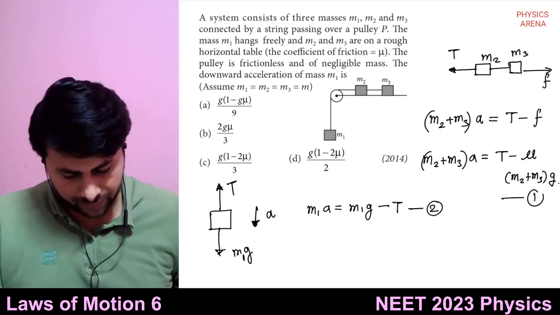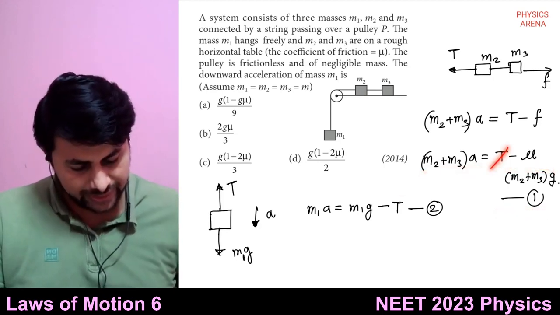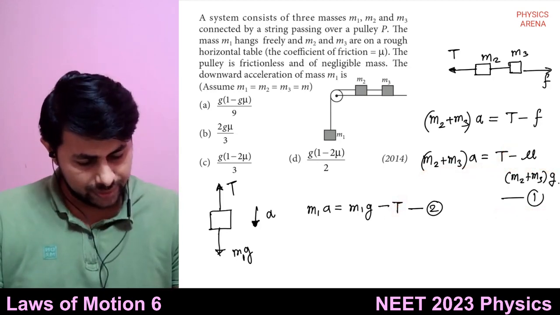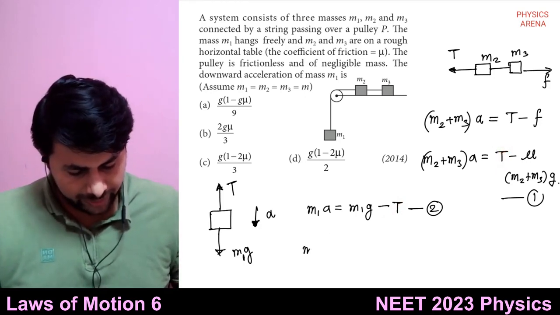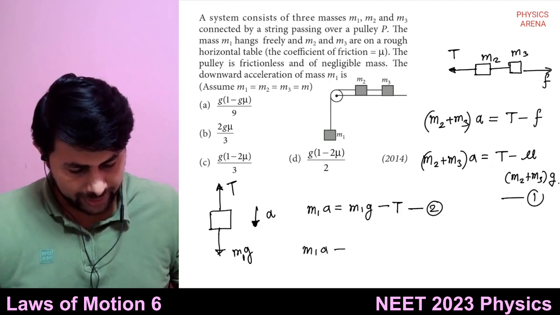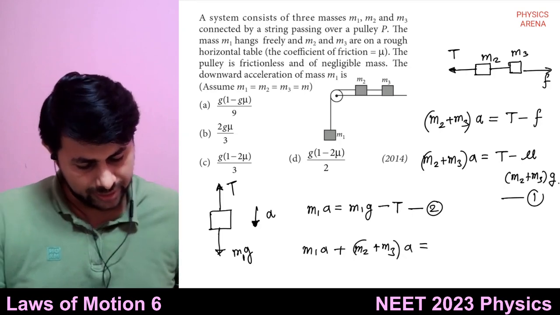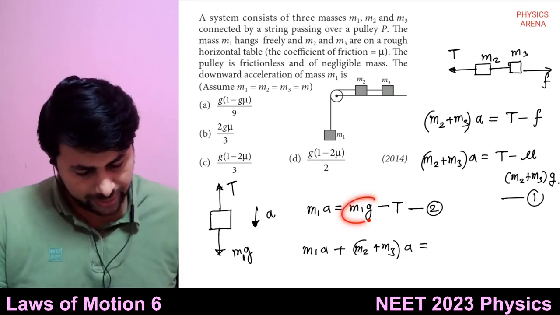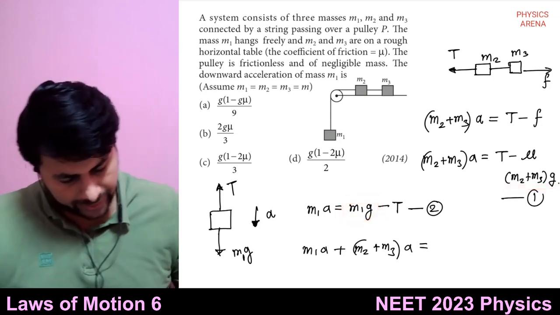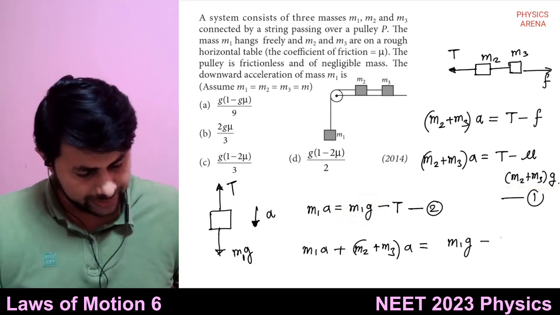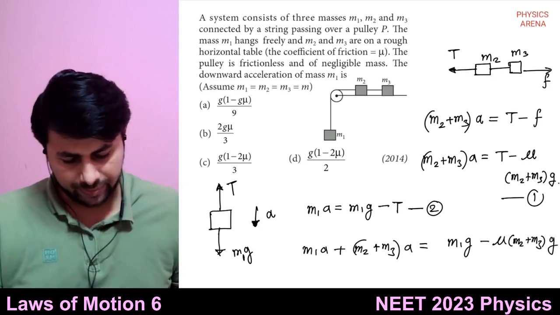Okay, and then you add 1 and 2. So what do you get? The tension will get cancelled out, right? Tension will get cancelled out, and you get m1 into A plus m2 plus m3 times A is equal to, on right hand side you have m1 times g minus mu times m2 plus m3 times g.